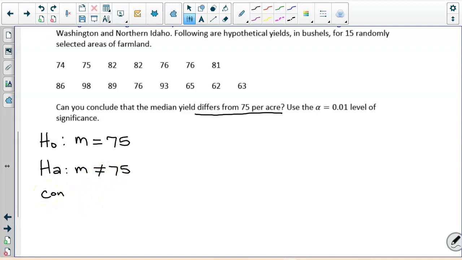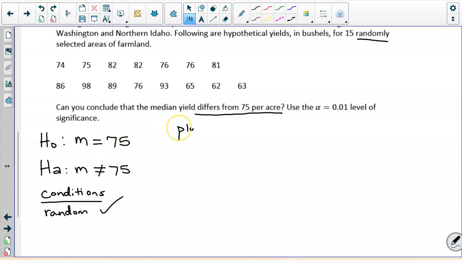And then my conditions for this non-parametric test, random. Does this one satisfy it? Yes, it says randomly selected. Yep. So it was given or stated. Okay, so then you compare these data values to the claim, right?